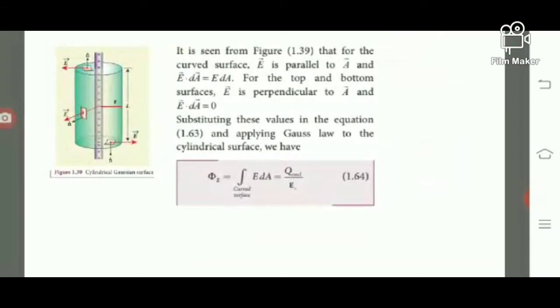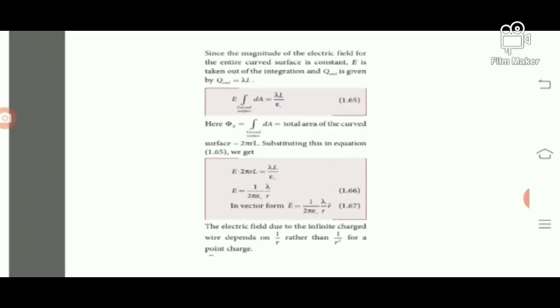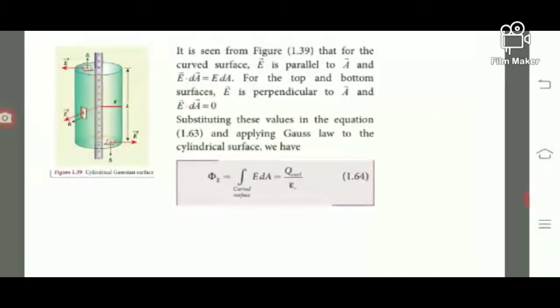It is seen from figure 1.39 that for the curved surface, E vector is parallel to A vector, that is, E vector dot dA vector equal to E dA, where A is the area of the curved surface.